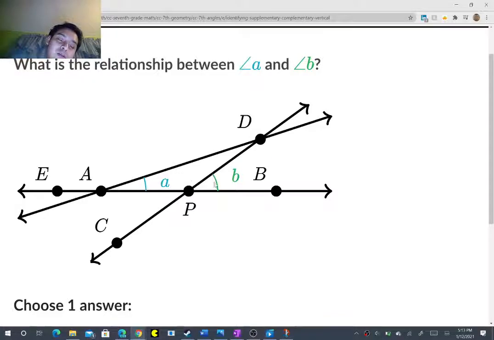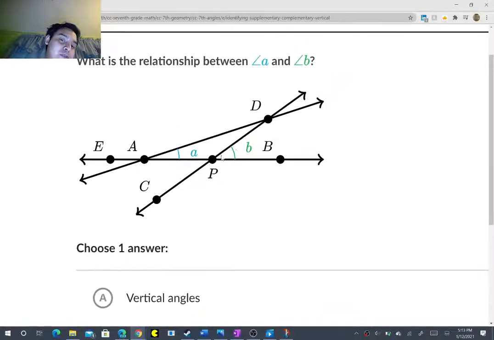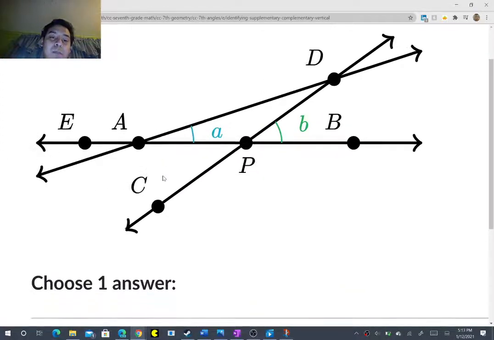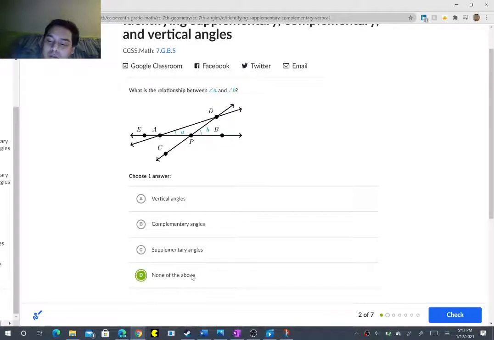If this angle right here were over here, then it would be vertical. However, I don't think it's a vertical angle because, if you look really closely, this one looks a little bigger than this one. This angle here looks a little smaller. So I don't think it's any of them.